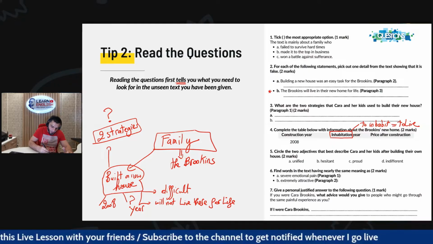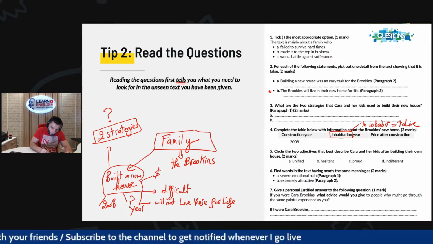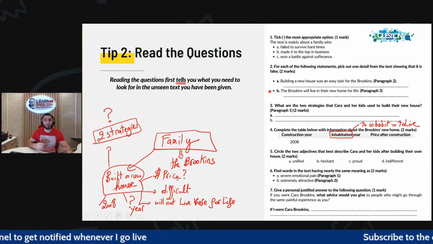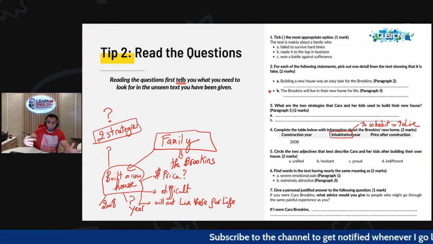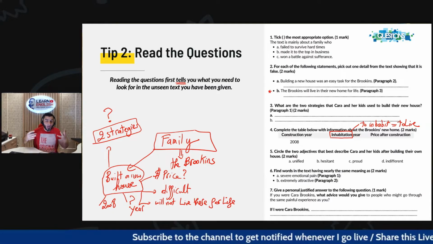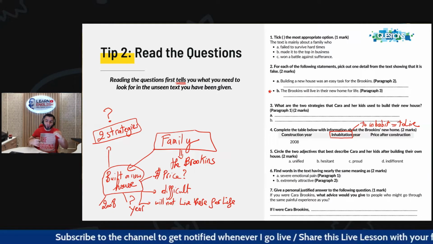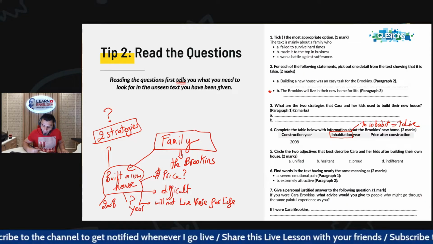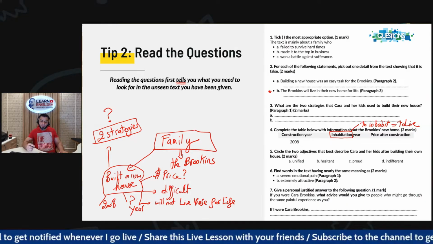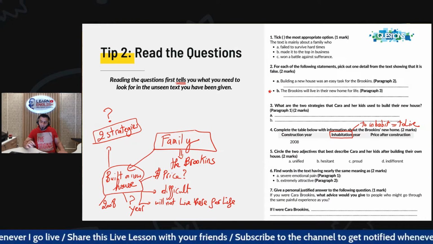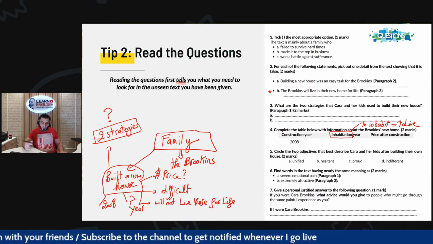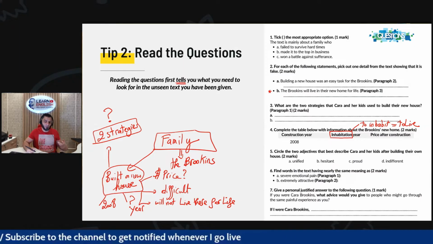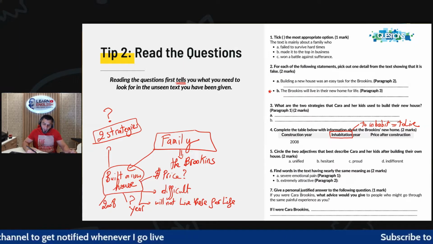So you see, and we want to know the price, how much this house was valued after construction, after building the house. So probably the family wanted to sell this house. Question number 5, circle 2 adjectives that best describe Kara and her kids after building their own house. So this is what this question is about.